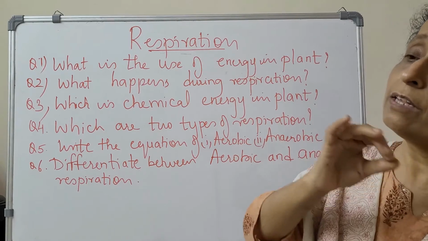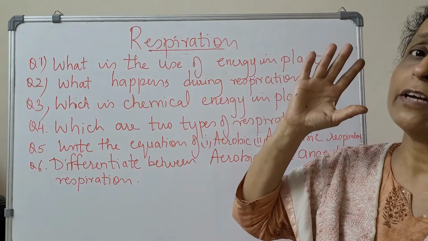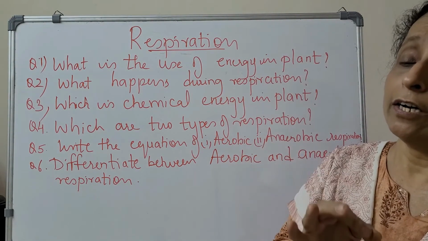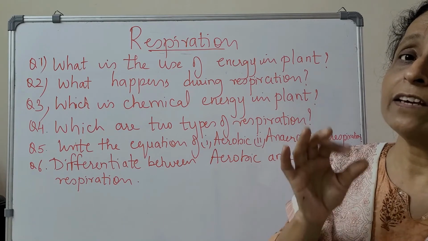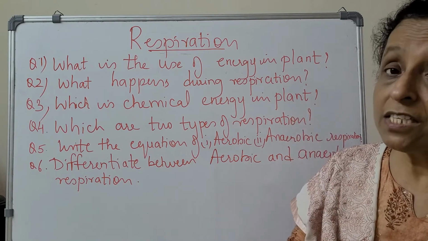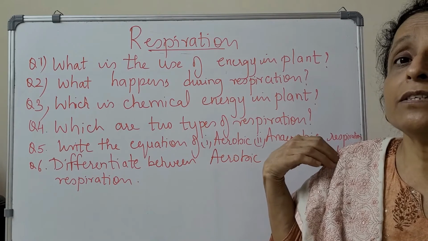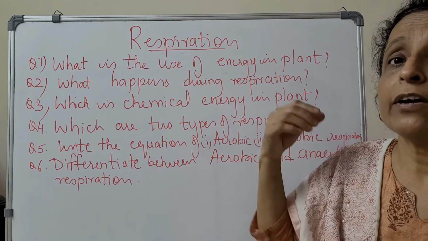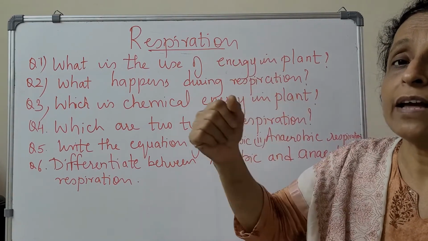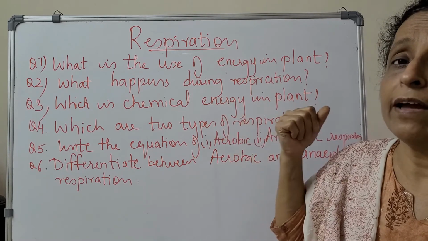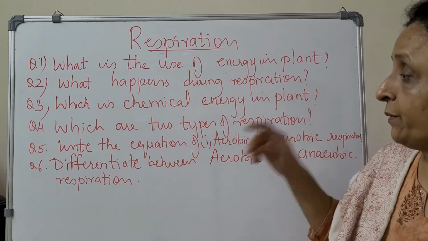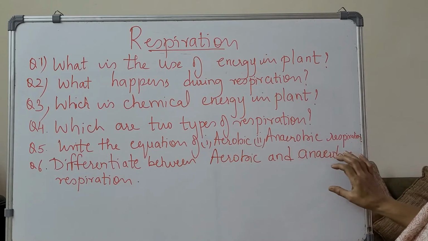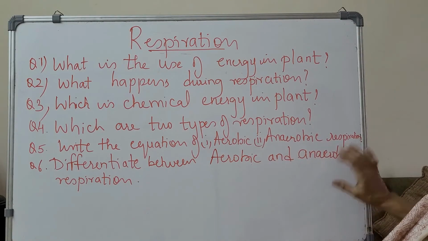We, all the higher organisms, carry out aerobic respiration. Lower forms like the yeast, the parasites and even the muscles sometimes carry out anaerobic respiration and produce lactic acid. That time we have pain in our muscles. So that is the difference between the aerobic and anaerobic.